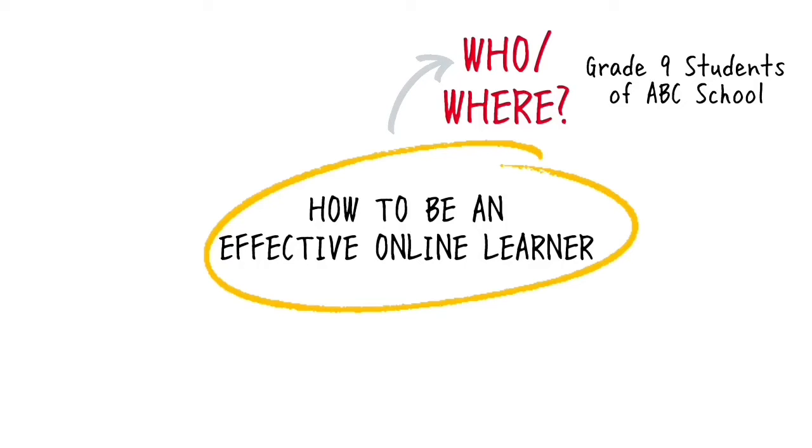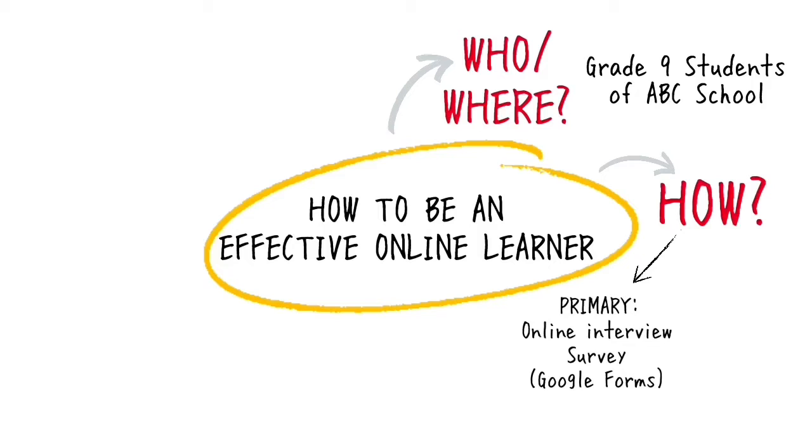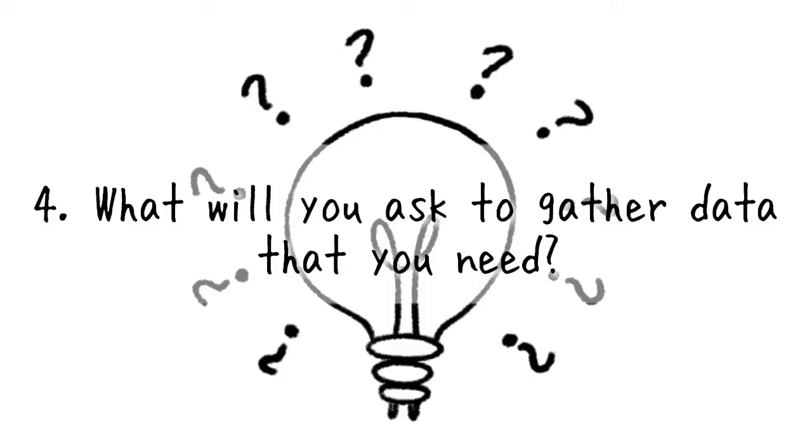Now for my research on how to be an effective online learner, I plan to conduct an online interview among some grade 9 students, or maybe administer a survey using Google Forms, so I can gather primary data from more students. Then in order for me to learn more about my chosen topic, I'll research about online learning from secondary sources like books, theses, and journal articles.